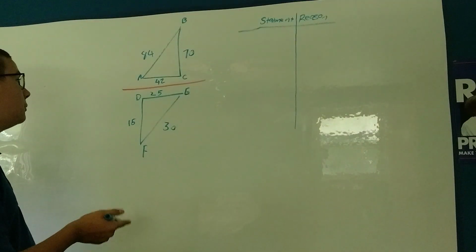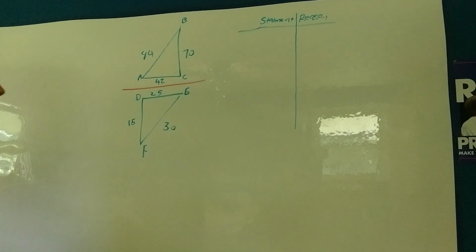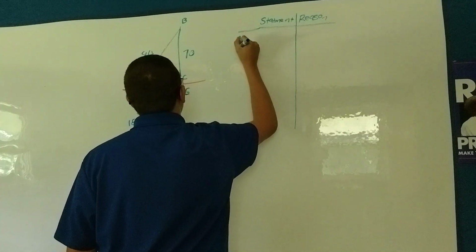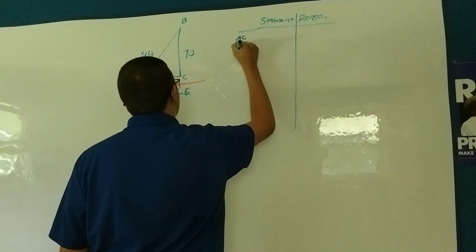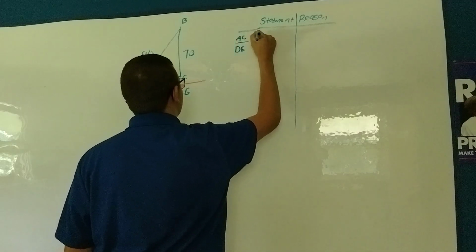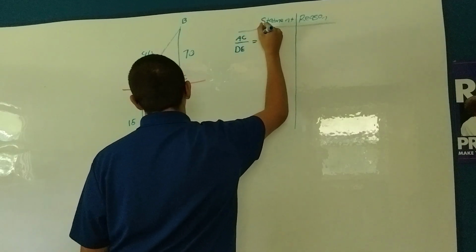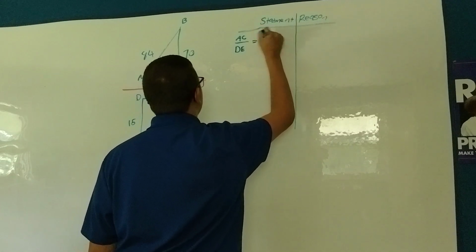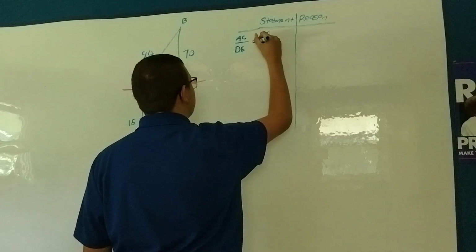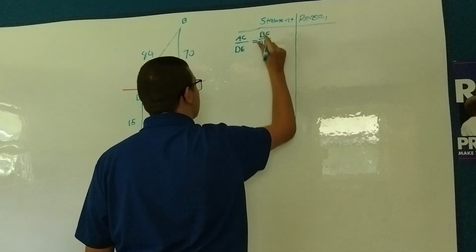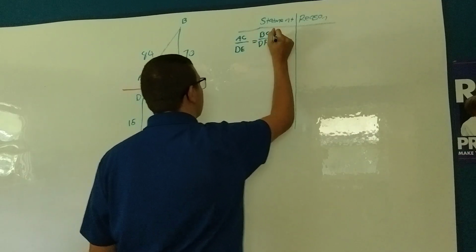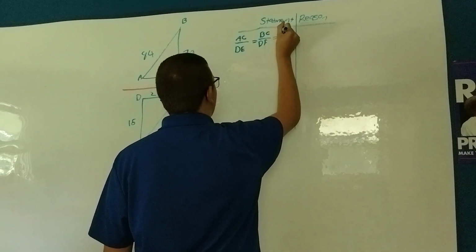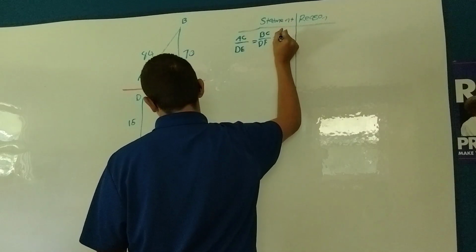So we know that the ratio between all these sides is going to be the same, and we can write that up here again, right? AC over DE equals 70, which was BC, over DF equals BA over EF.